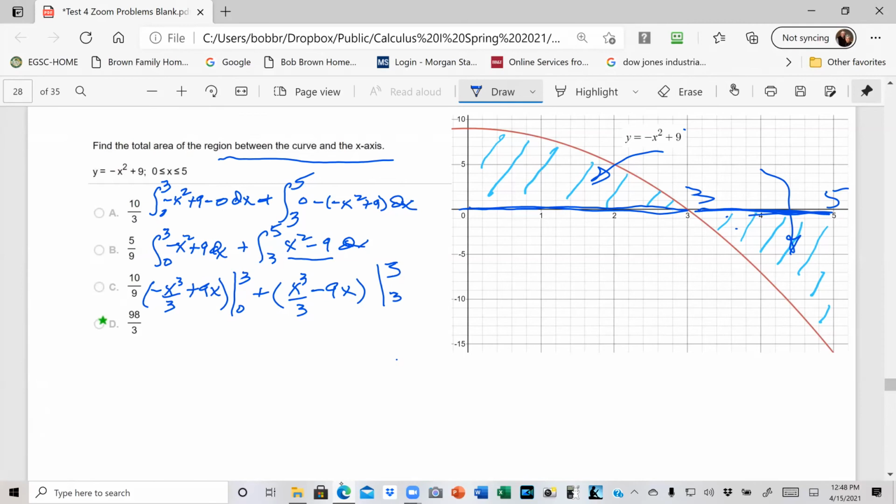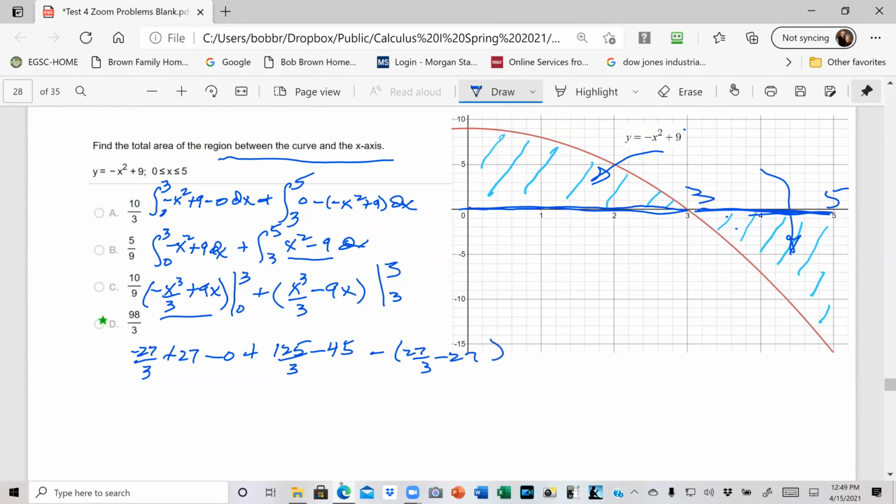And now, plugging in 3, we get minus 27 thirds plus 27. Then plugging in 0, we get 0. Then we get plus 5 to the third power, which is 125 thirds, minus 45, minus, plugging in 3, we get 27 thirds, minus 27.